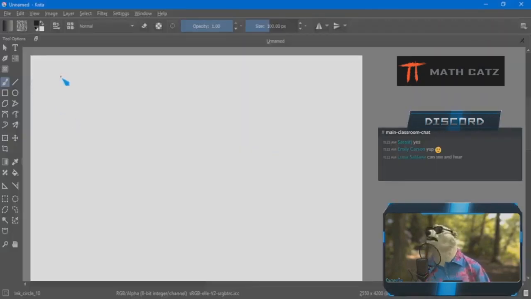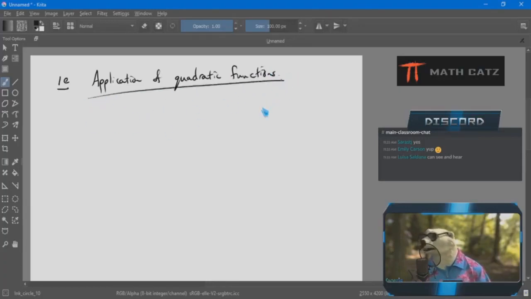Today we are doing my numbering topic 1E, which is applications, well, application of quadratic functions. We've seen everything we are really interested in seeing to a large degree when it comes to quadratic functions.